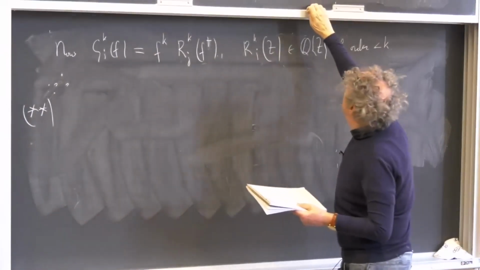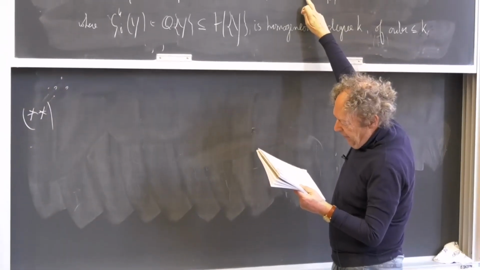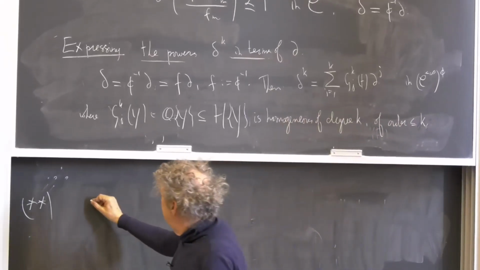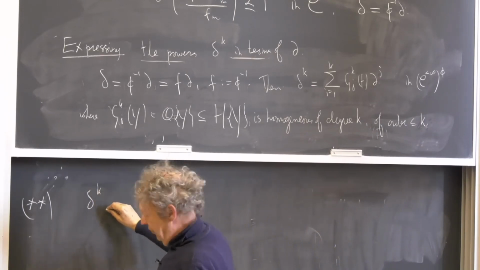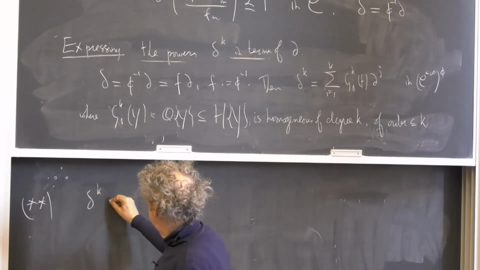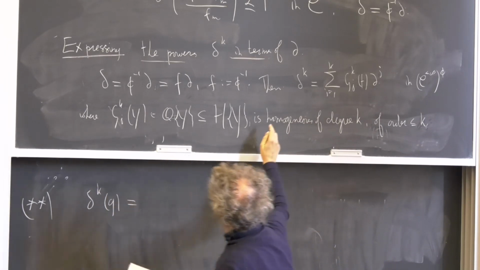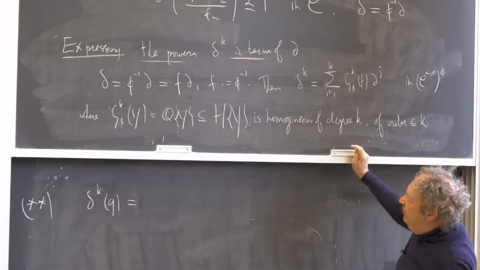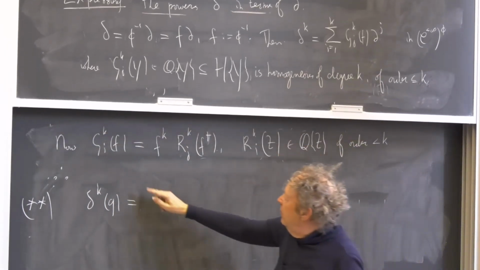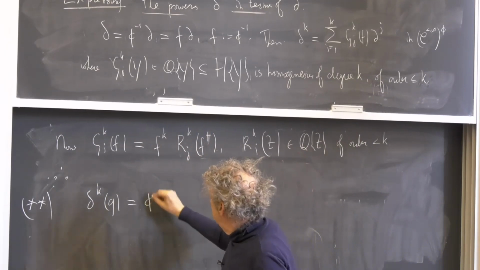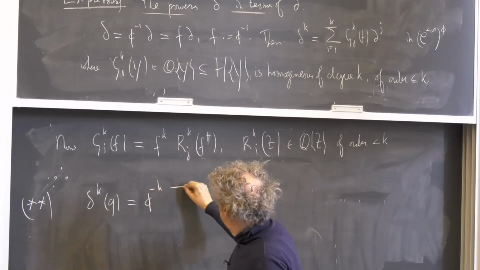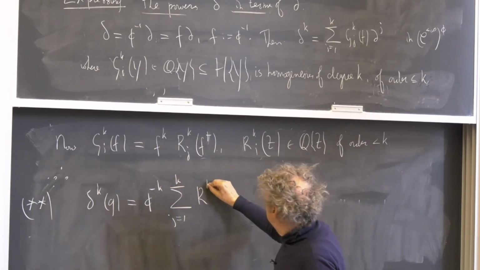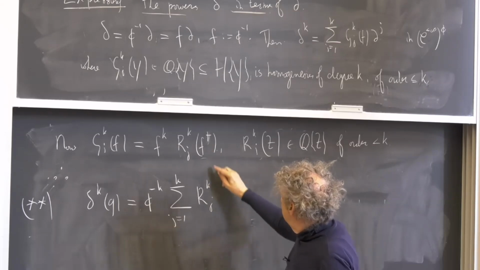if I now plug in anything from this ring, you get the funny derivative delta to the k of any element g equals, for each of those you factor out f to the k, but f is phi inverse, so this is phi to the power minus k, times the sum over j from 1 to k of R_kj, which becomes minus phi dagger.